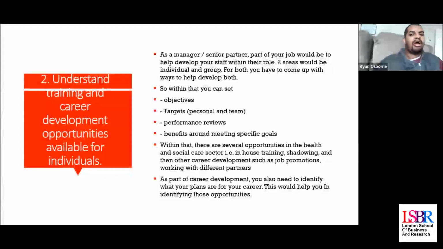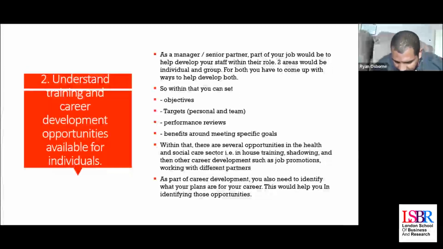When we talk about managing people within health and social care, it is often expected that, as part of your role, you would be helping to develop the staff that work within your team, your service, or your setting.